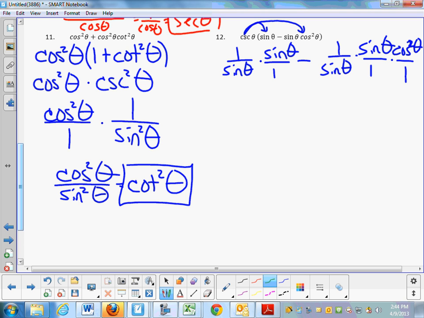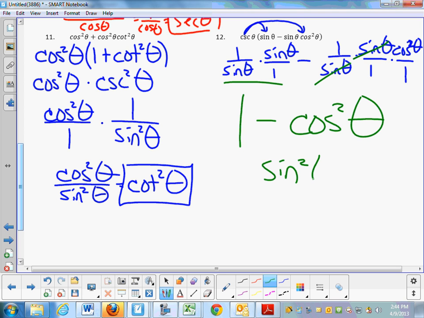Do you see that this piece right here goes to 1? The sines cancel there and leave you with just cosine squared. Very good. And 1 minus cosine squared is sine squared.